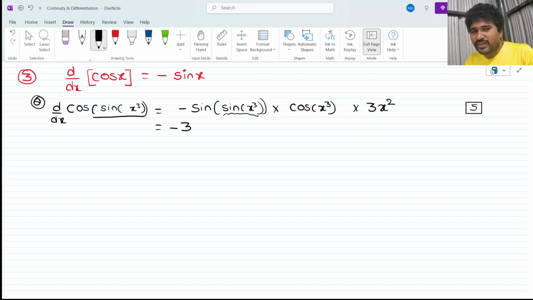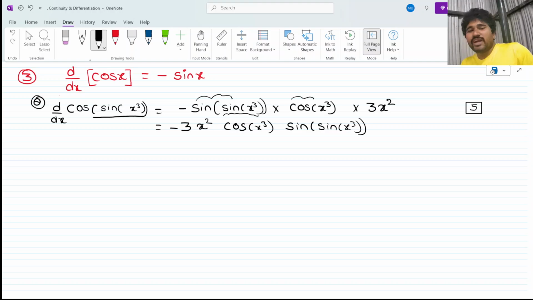X square is simple. Here sine of sine, here only cos. Which is the simple function? Only cos. So minus 3x square cos x cube into sine of sine x cube. Is that clear for everybody? I arranged them in order. Understood? Yes? Good.